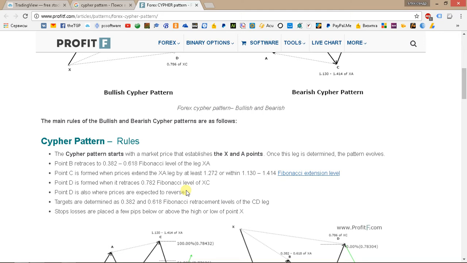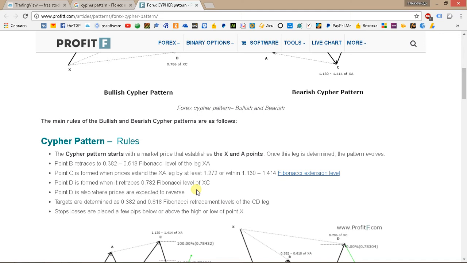Okay, and the targets are determined here, 382, 618. Well, I agree with that, the CD leg. The most important rule here is that the D point must exceed the B point. Because the B point wick extends past 618, but it doesn't close past 618.